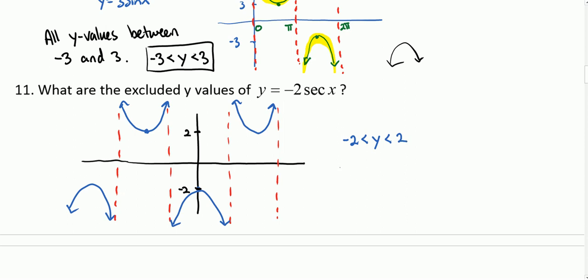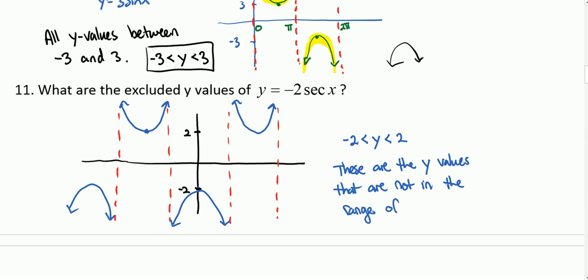Okay, these are the y values that are not in the range of y equals negative 2 secant x. Because the range is all the y values that are part of that graph. So we found the y values that are not part of the graph.